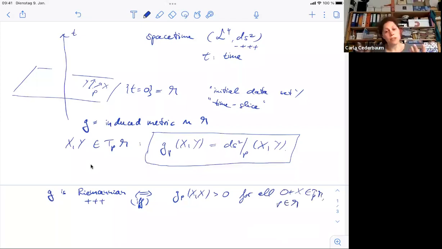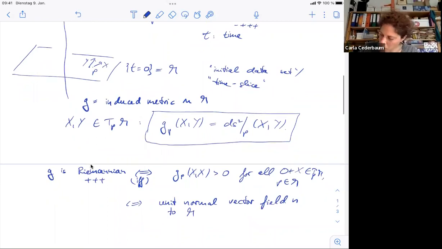So if the metric is positive definite, by definition, this is equivalent to saying that the unit normal vector field N to M is time-like. So in the signature I'm choosing, this says that ds squared of N is less than 0.